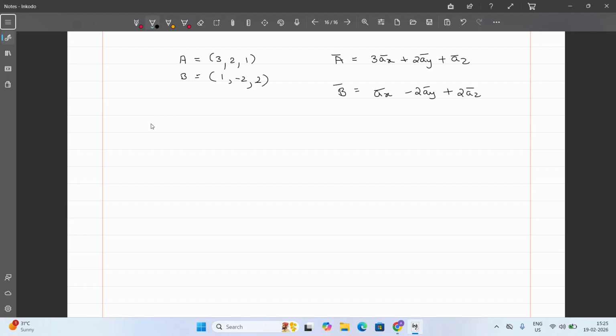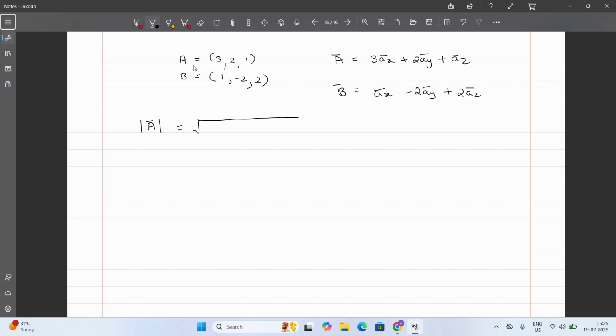So now let me just consider the vector A. If I want to find the magnitude of this vector, any vector you're trying to find the magnitude of, it is represented by this symbol. Okay. So how do we calculate the magnitude of any vector? It is equal to the square root of the sum of squares of the three dimensions.